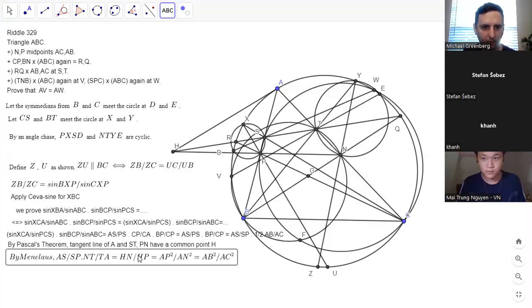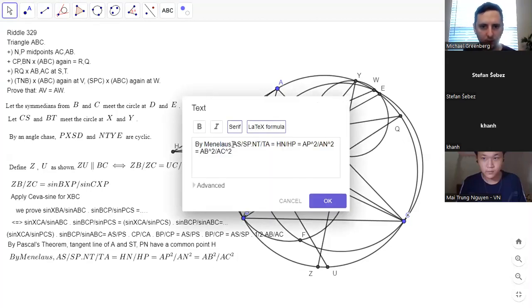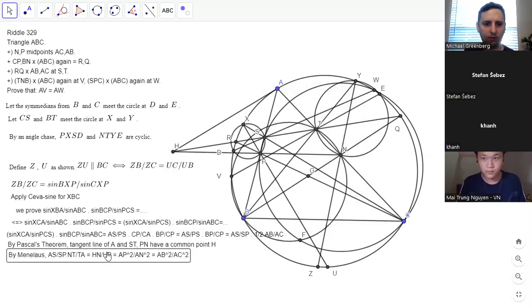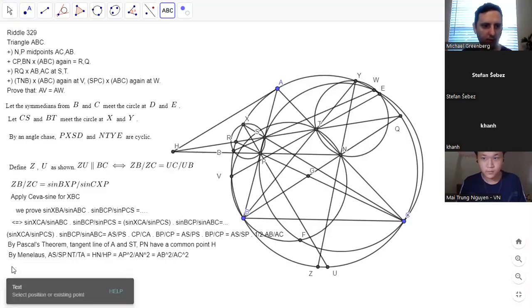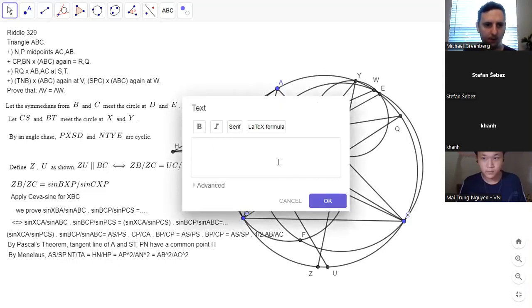And so once we have that, that implies ZU is parallel to BC. So then we have ZB over ZC equals UC over UB, and that means ZU is parallel to BC.